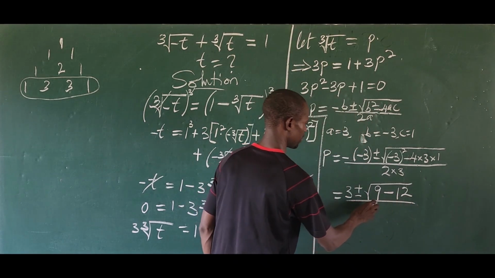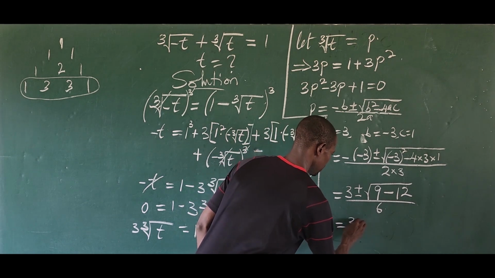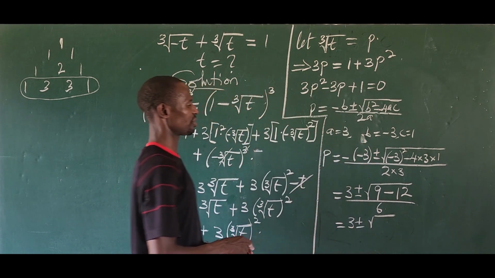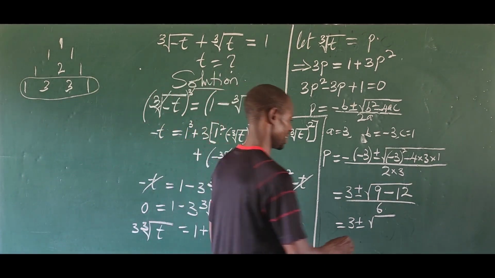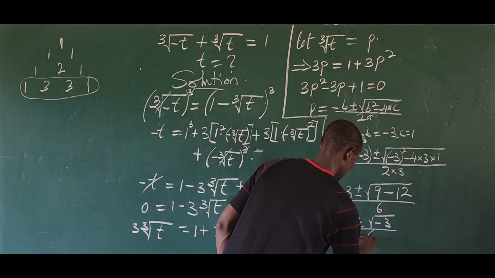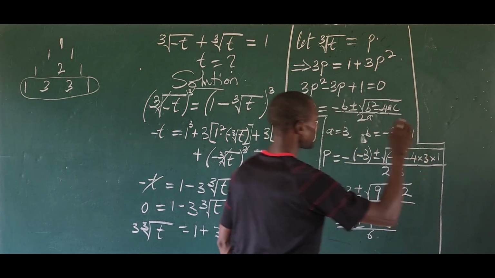Everything all over 6. Simplifying down, this will give us 3 plus minus the square root of 9 minus 12 will give us minus 3. So we have here minus 3 all over 6. All right, so let's continue here.